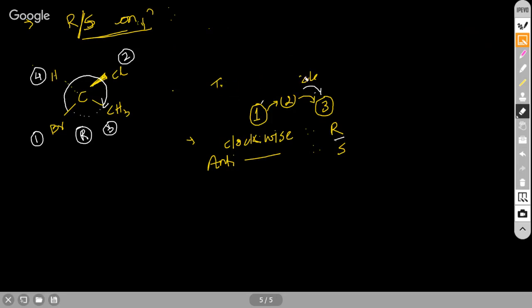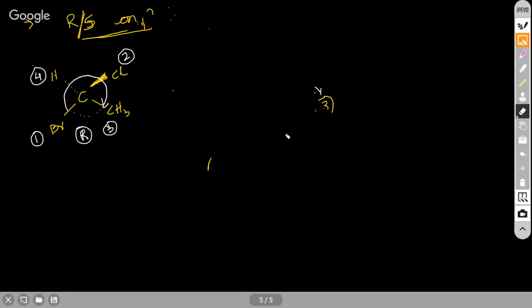Now you see, a very important point we are going to conclude here. In this molecule where configuration we have already known, which is R, we have concluded that. Now what we are doing, I am just swapping chlorine and CH3, right? Swap Cl and CH3.